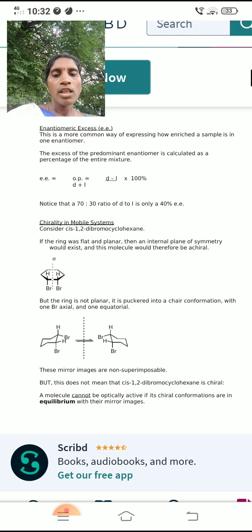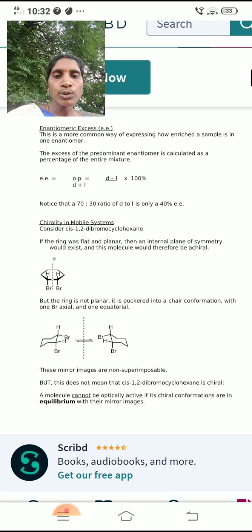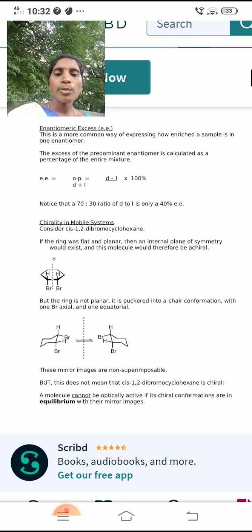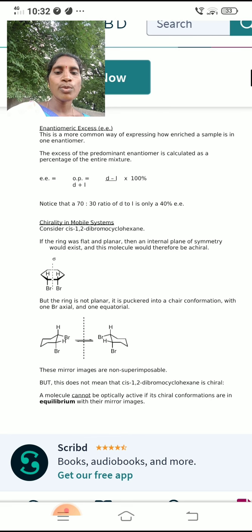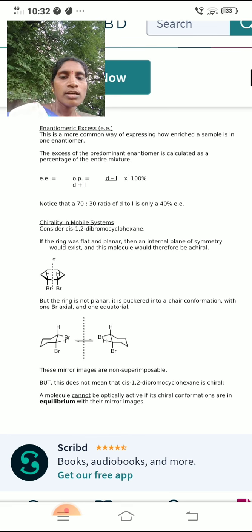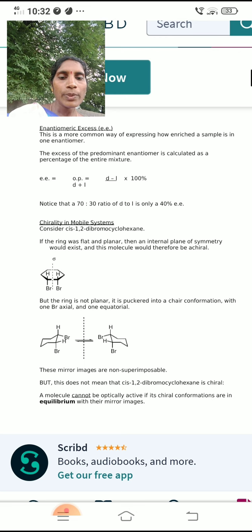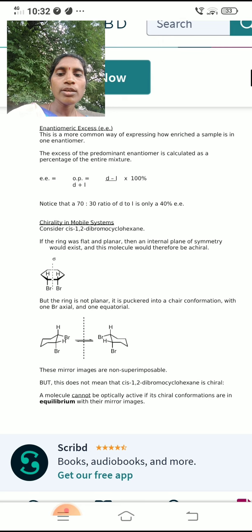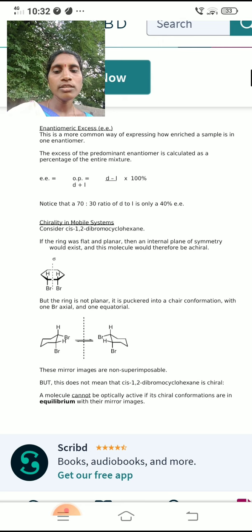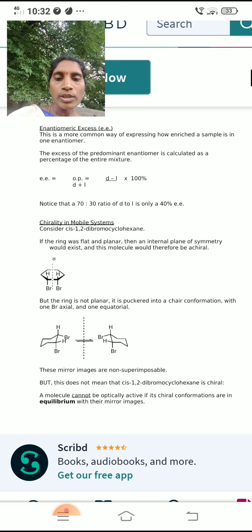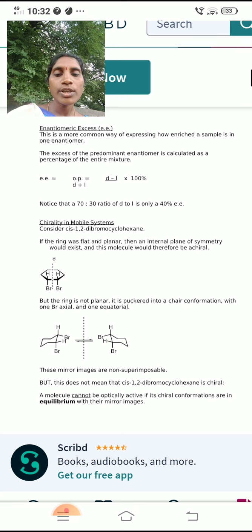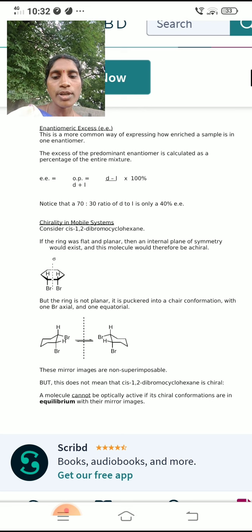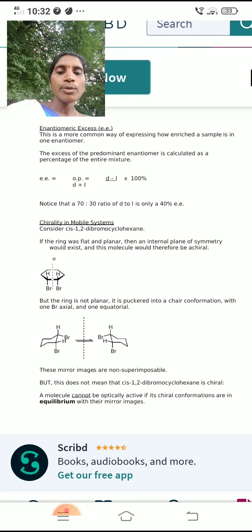Even though these mirror images are non-superimposable, the molecule is achiral, not chiral. That's why this molecule is optically inactive. A molecule cannot be optically active if its chiral conformations are in equilibrium with their mirror images.